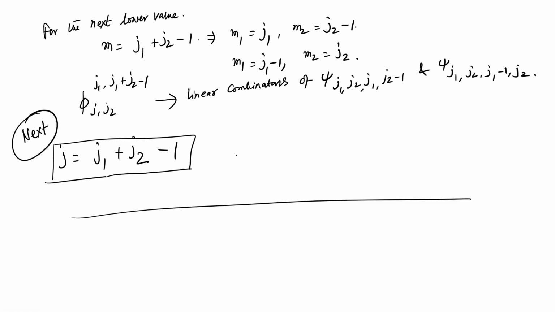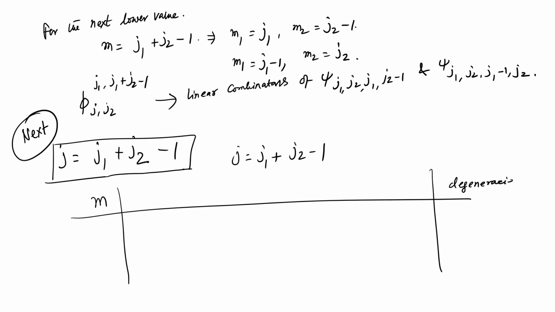Okay. What I am trying to say is the following. If you make another table, now with J equal to J1 plus J2 minus 1 and all these M values and all these degeneracies, and all these M1 and M2 values. So, if J is this, the maximum value of M is J1 plus J2 minus 1, and then we can have M1 to be J1 minus 1 and J2, or we can have J1 and J2 minus 1.